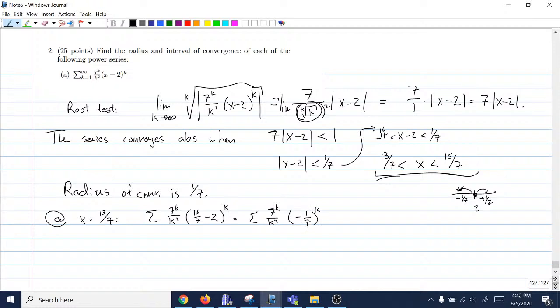That's where that number came from. 7 to the k over 7 to the k cancels. I'm just left with a sum of negative 1 to the k over k squared. That converges absolutely. If I stick absolute values on it, I get the sum of 1 over k squared, a convergent p-series.